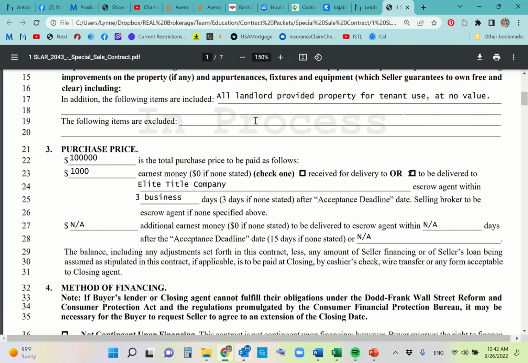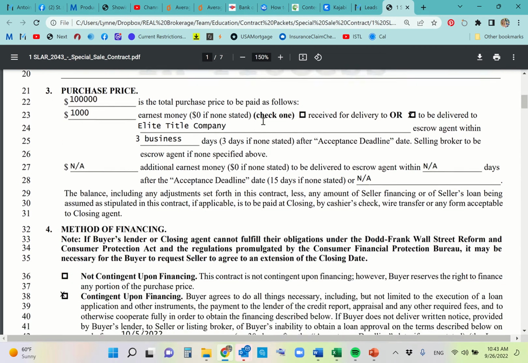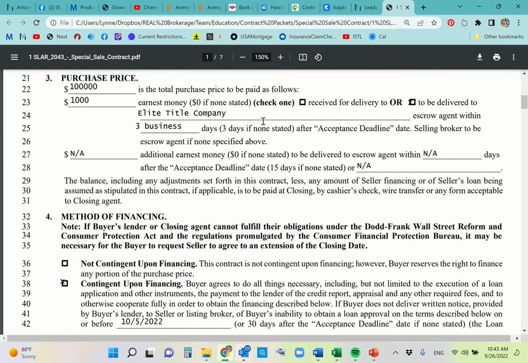If there would be anything that you or your buyer wishes to have excluded, maybe there is personal property of the landlord that you wish to have cleaned out or removed from the premises, then you would put that here. I like to keep things simple with numbers, so that's why we're purchasing a building today on 123 Main Street at $100,000 with a 1% earnest money of $1,000.